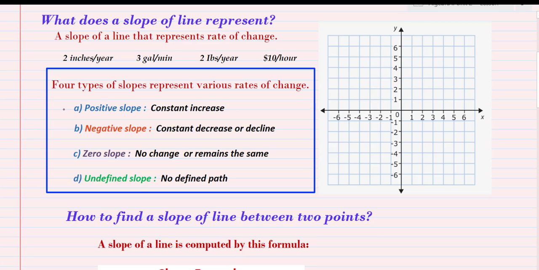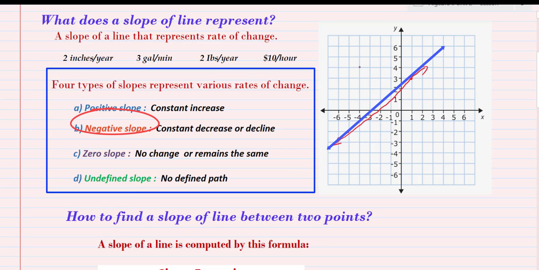When we look at a positive slope, between 2 points, that is a rate of change that's constantly increasing. It's moving upwards, okay?